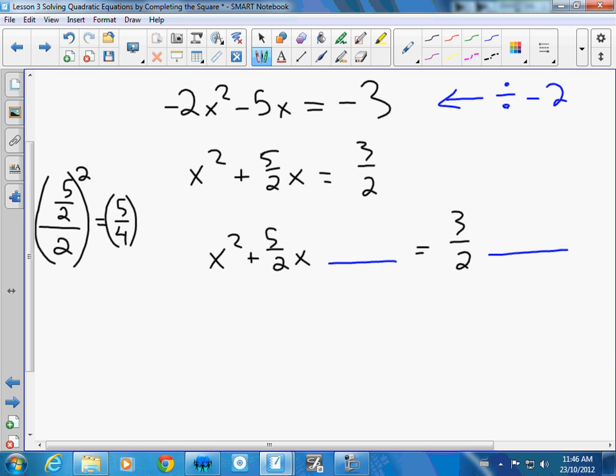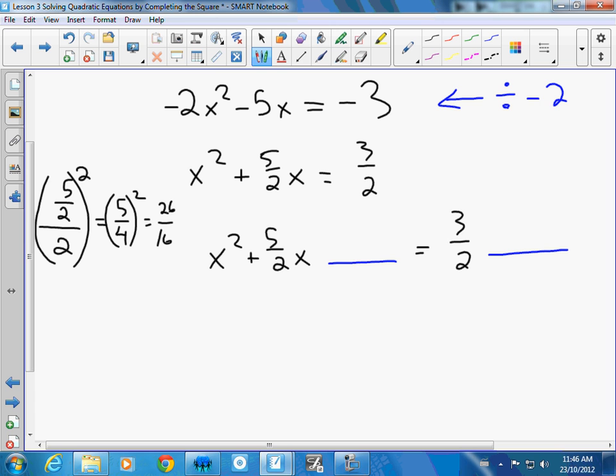And 5 over 4 squared is really easy to do, isn't it? What's 5 squared? 25 over 16. Well, that's not bad, is it? That actually works out quite nice. We can handle that. These are all really nice fractions. Don't get scared by that 5 over 2 divided by 2. If you have to, go 5 over 2 divided by 2, and then multiply by the reciprocal.